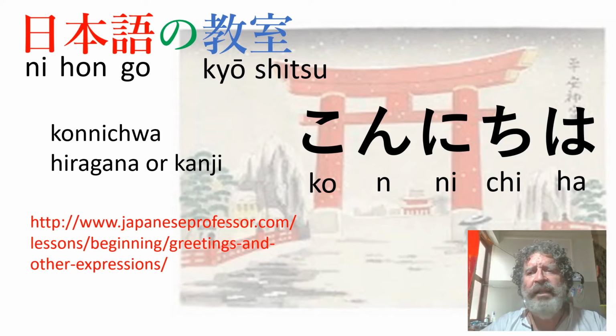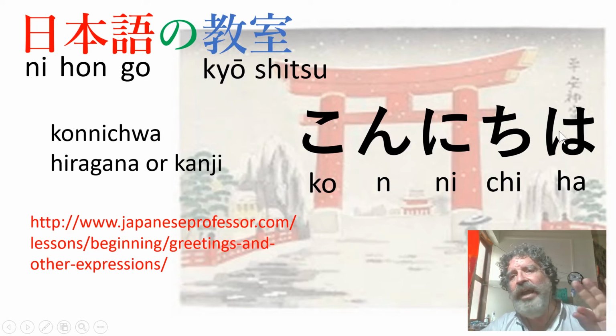One reader said that sometimes the women will write that wa with the traditional katakana wa, a totally different wa than the one you see here. You'll have to look at your hiragana chart to know which wa that is.